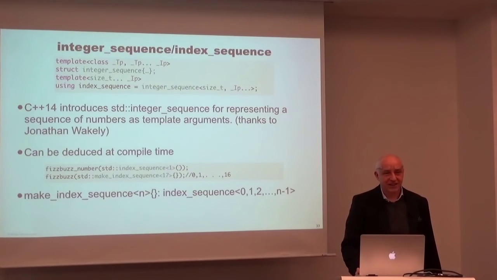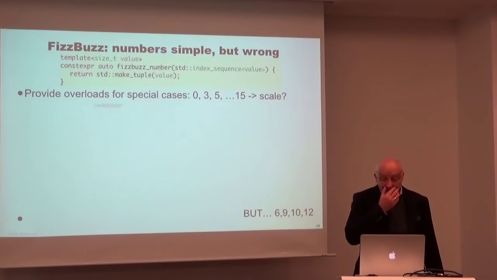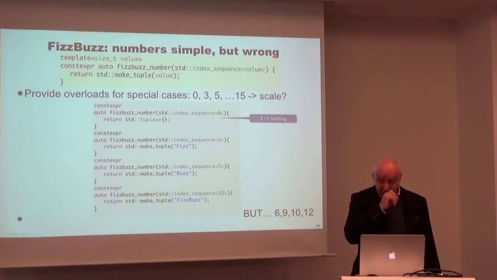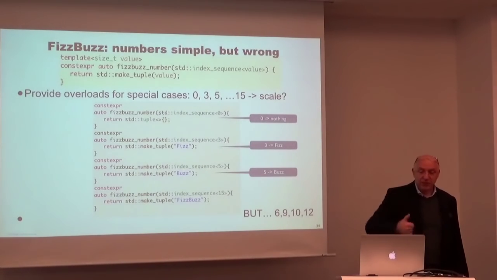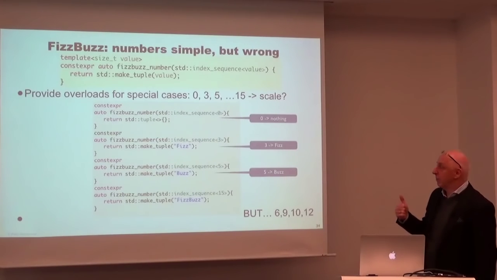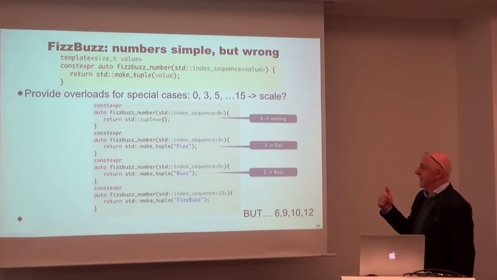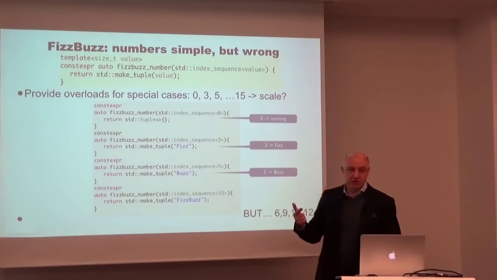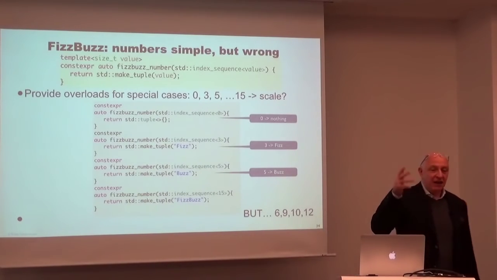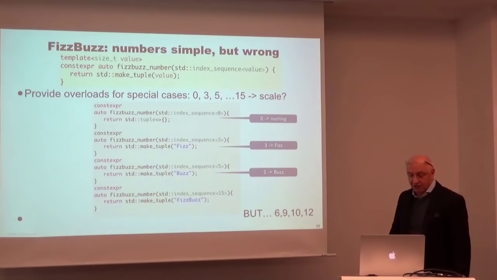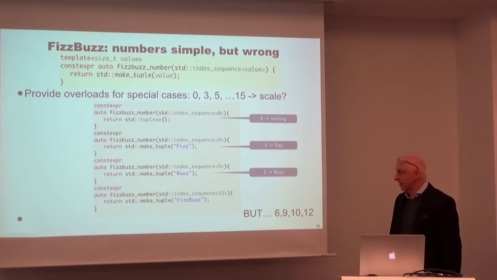Still here? Okay. Now, how do we implement all that? For a simple number, we have a base case where we just say make tuple of that number. But that's wrong for the cases of 3, 5, and 15, and all the multiples.